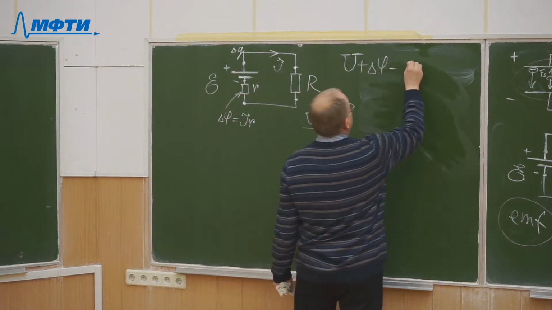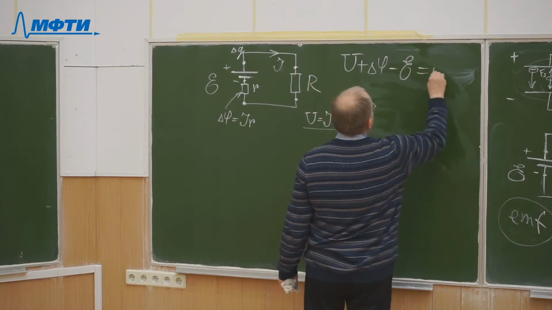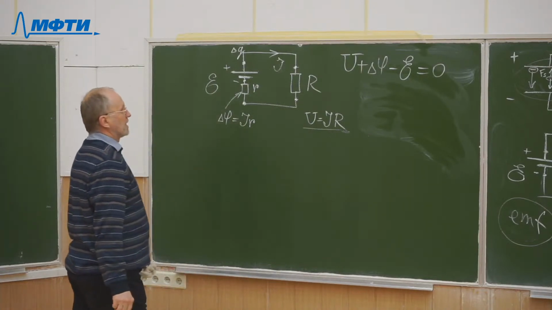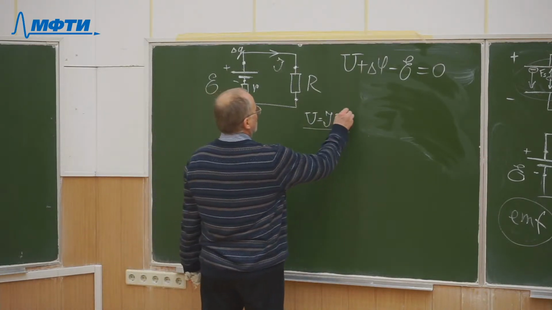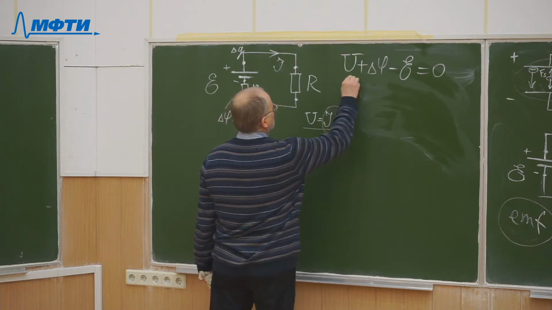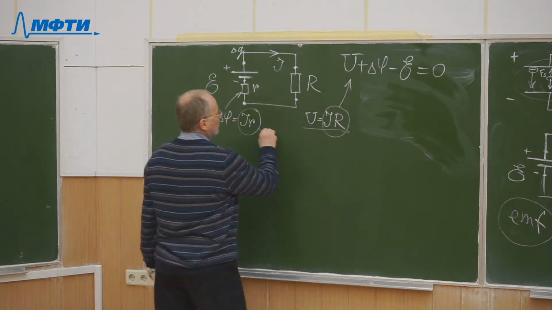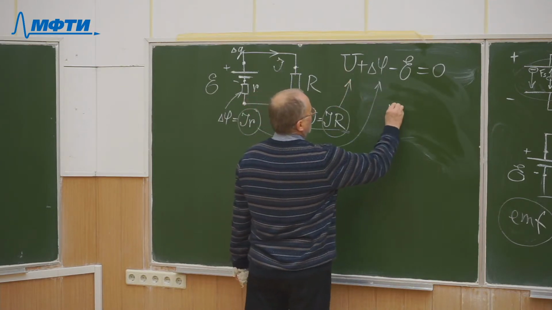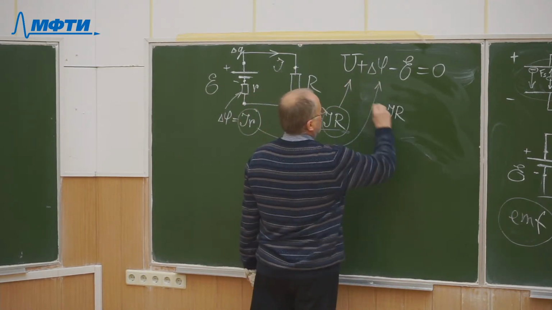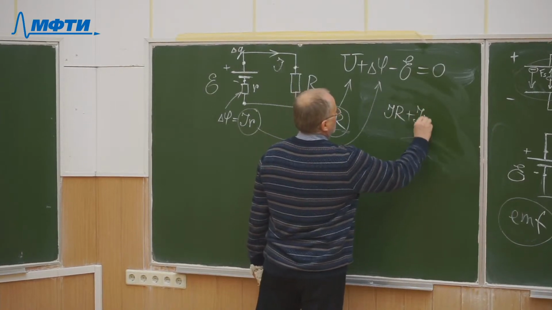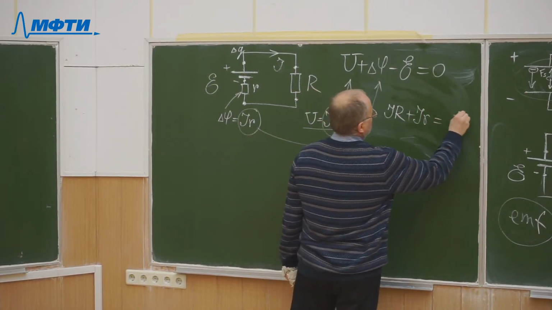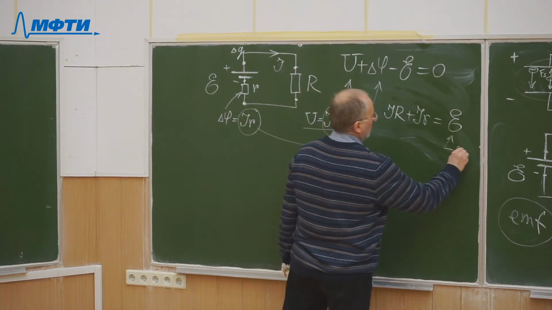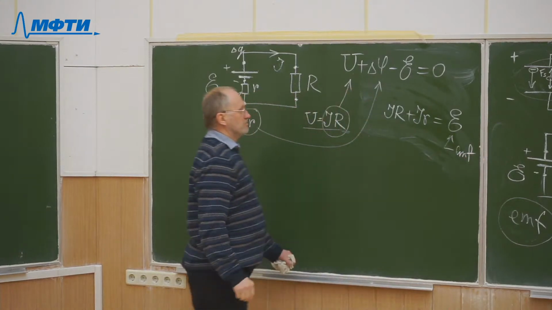So here we will have a sign minus, equal to 0. And substituting all these expressions from Ohm's law, we will obtain the first term IR, the second term I small r, and all this is equal to the electromotive force. So this is the electromotive force of the battery.